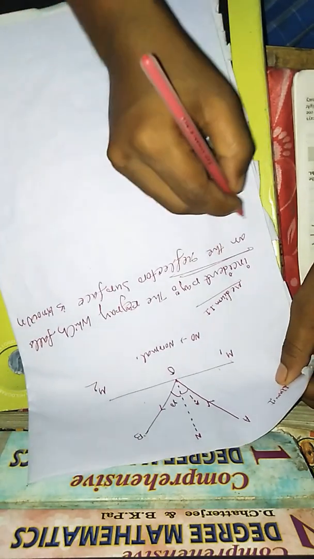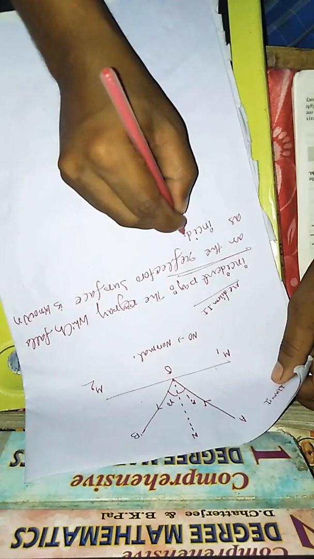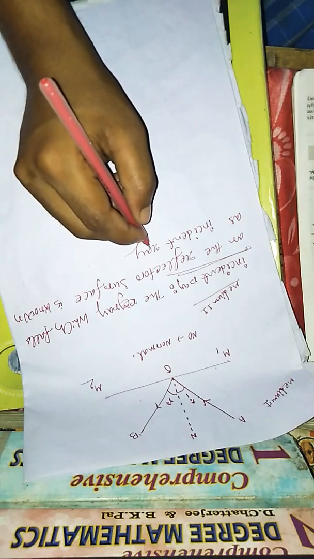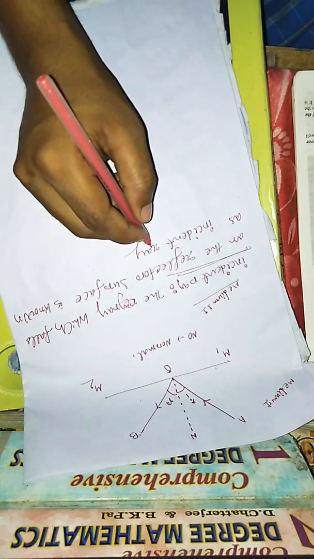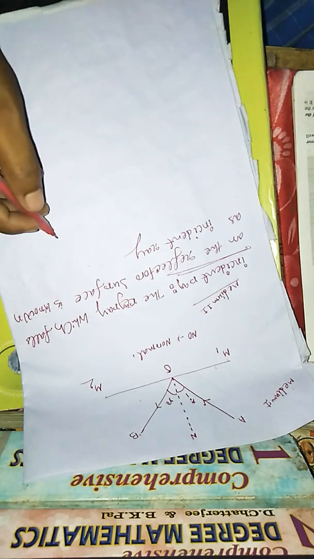The ray which falls on the reflector surface is known as the incident ray.